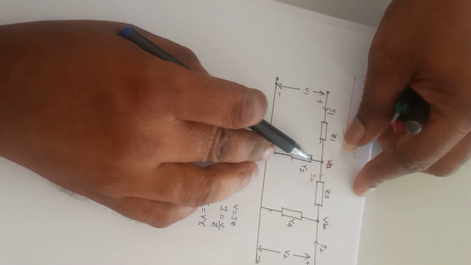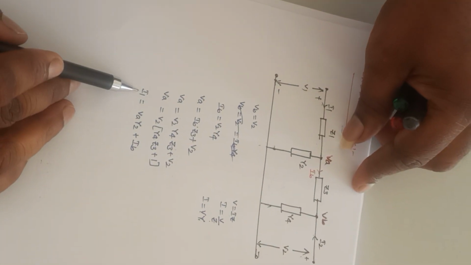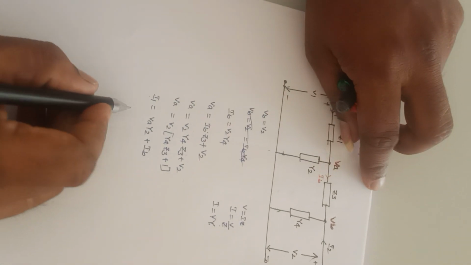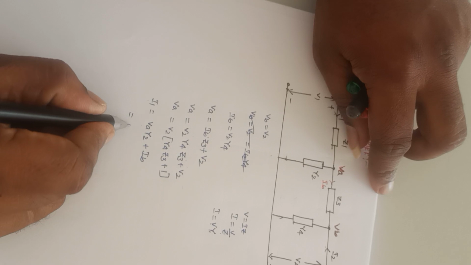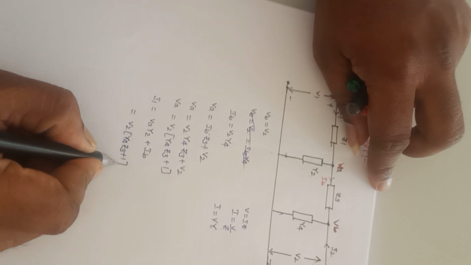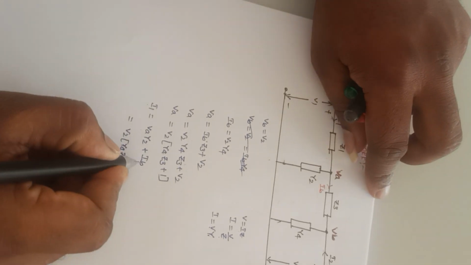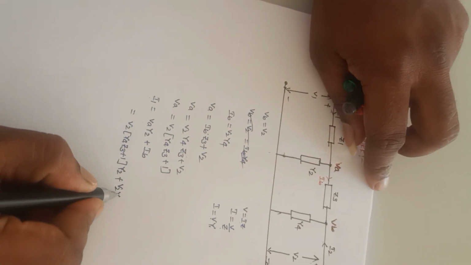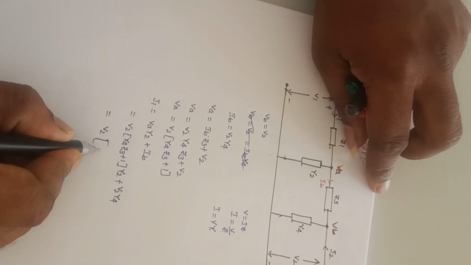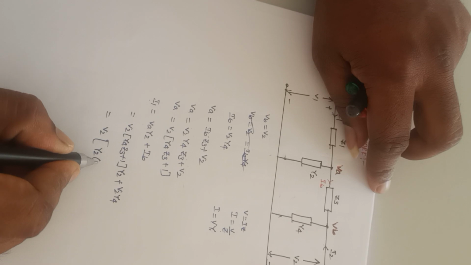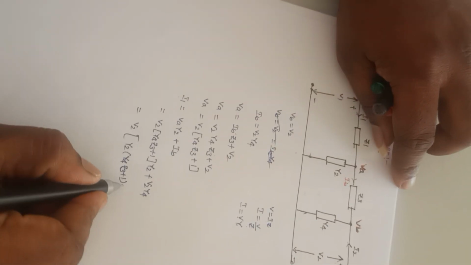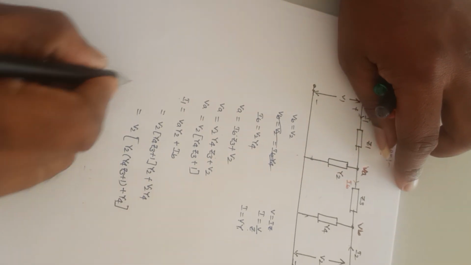I know the VA value, V2 into Y4 Z3 plus 1, into Y2, plus the IB value, which is V2 into Y4. Taking V2 as common, V2 into Y2 into Y4 Z3 plus 1, plus Y4. So it is I1.